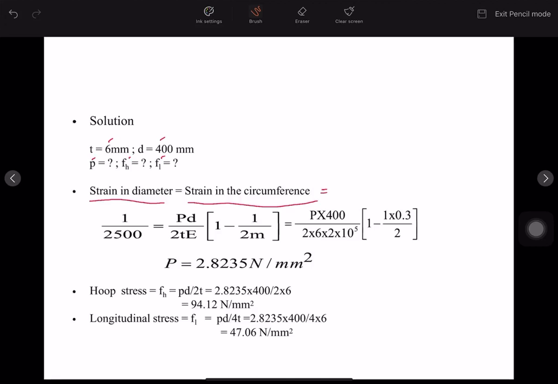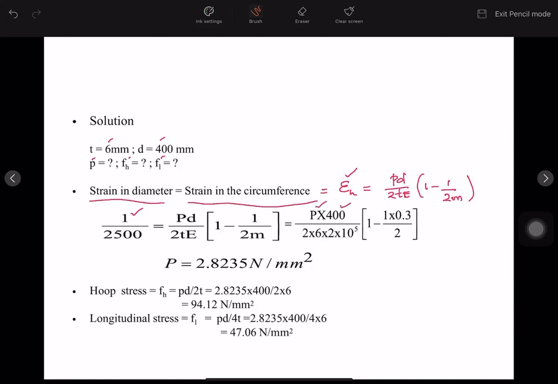So epsilon h equals PD by 2TE into 1 minus 1 by 2 m, and this value he has given already, which is 1 by 2500, equal to PD by 2TE into 1 minus 1 by 2 mu. P we need to find out.